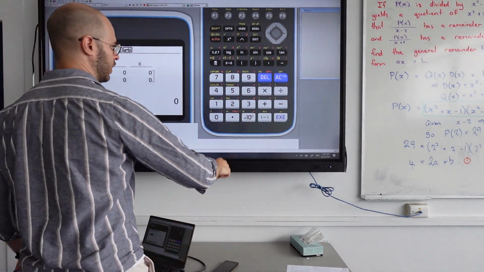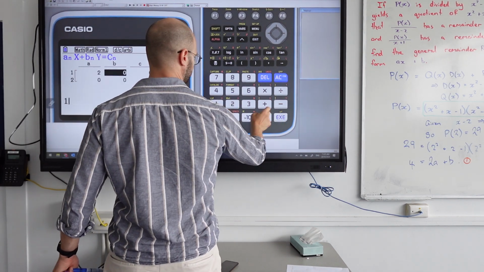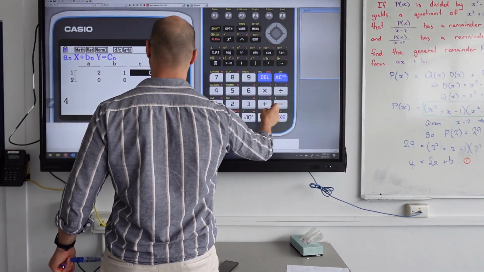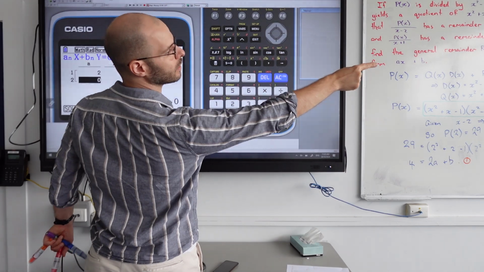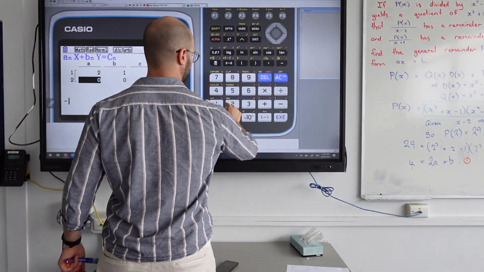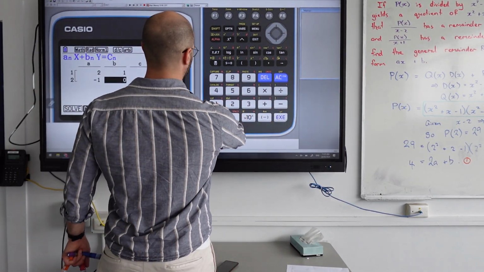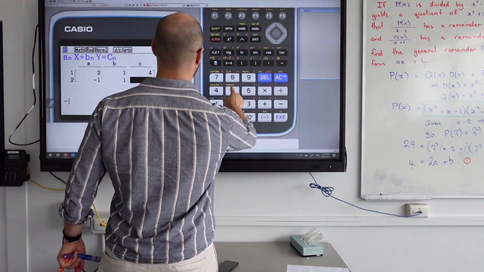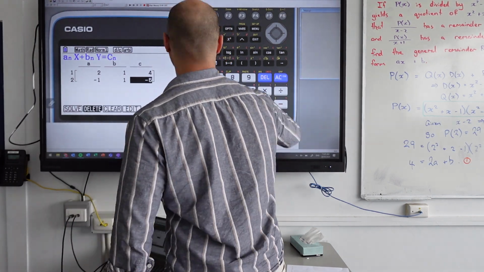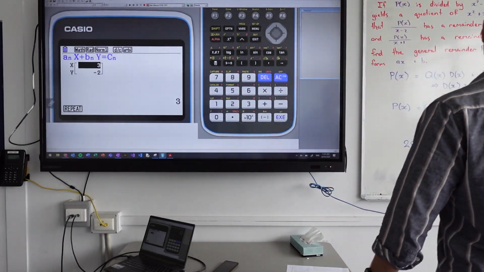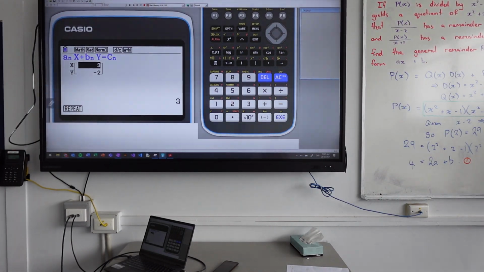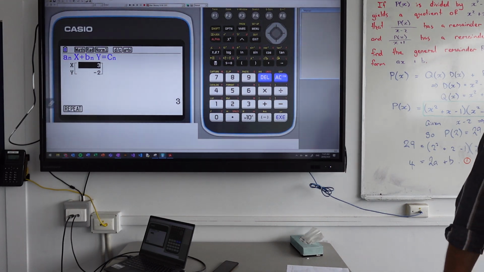So I'm just going to go 2, 1 equals 4. Next one, minus 1, 1, take 5. And I think it's like 3 and minus 2. So there's your a, there's your b.